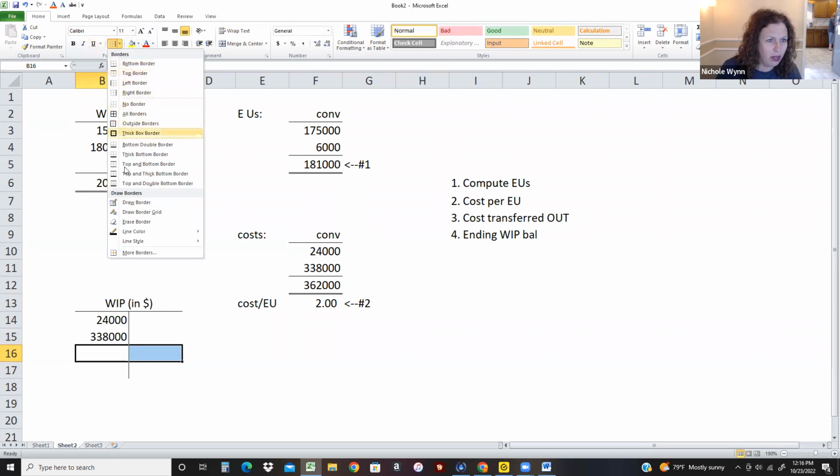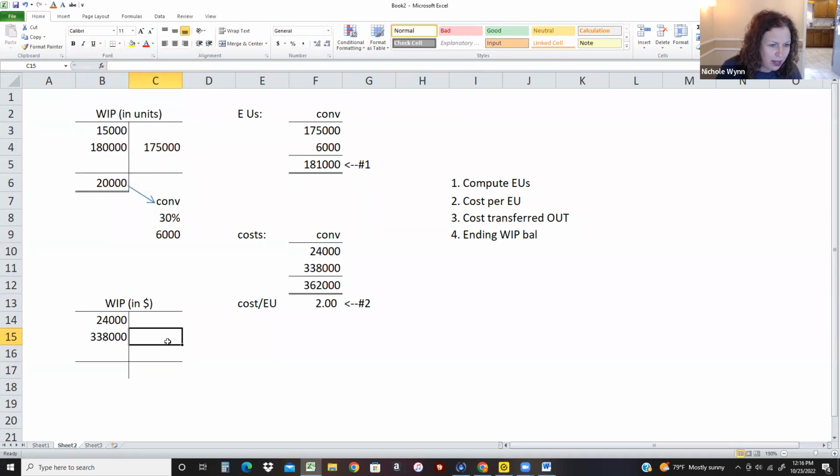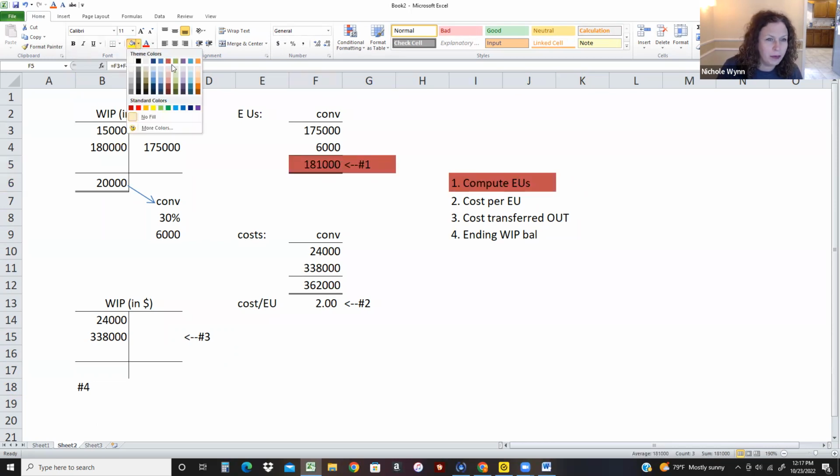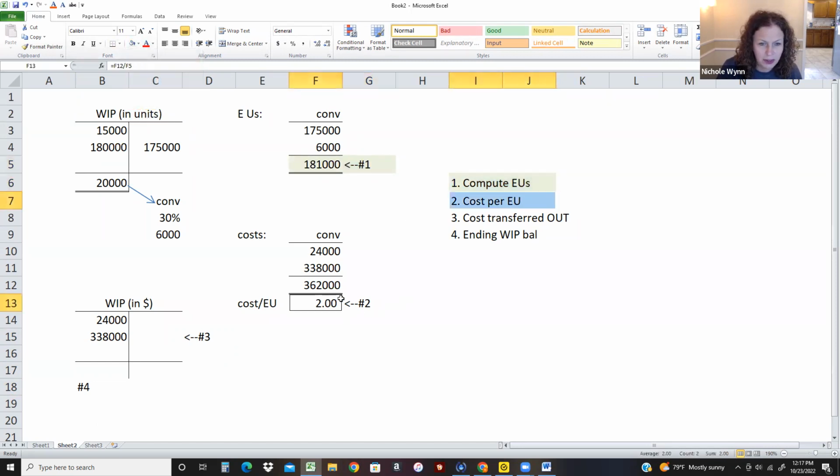Then I'm going to draw a line across. The two things I'm trying to find are the cost transferred out and then the ending balance. Cost per EU is here.